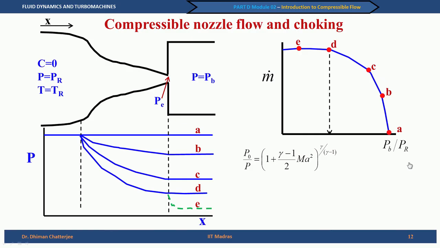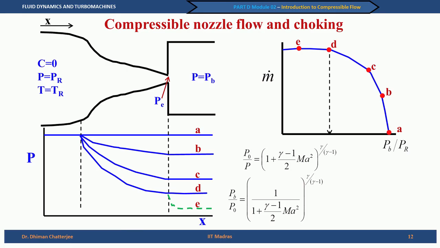And in this case, please note that P 0 is nothing but P r and P we are referring to P b. So, then we can say that P b by P 0, which is P b by P r, will be equal to 1 whole divided by 1 plus gamma minus 1 by 2 Mach number square whole to the power gamma by gamma minus 1. But in this case, the Mach number becomes 1, because we told you already that in the convergent portion the highest speed that can be attained is corresponding to Mach number 1 at the minimum area or the throat.